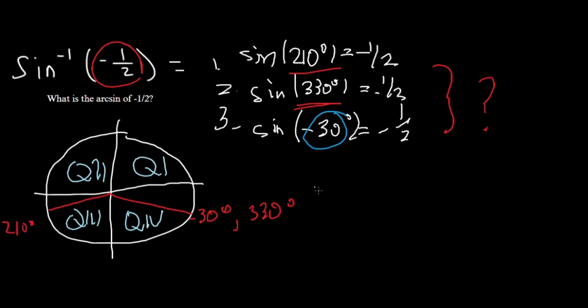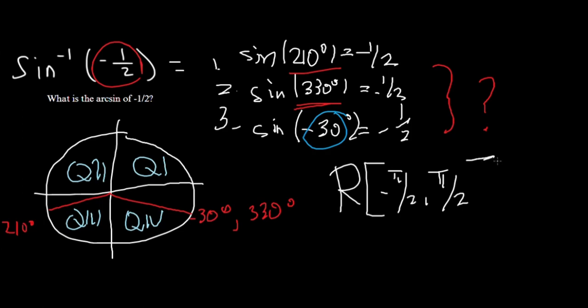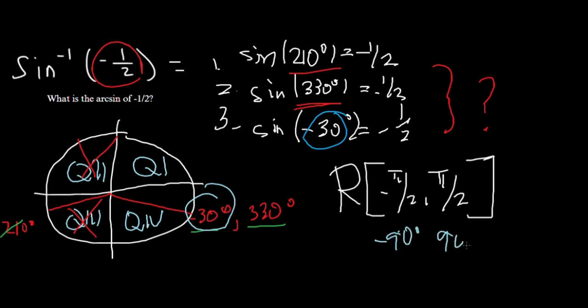Pero bakit yung 330 degrees ay hindi sagot? Because of the range. Negative pi over 2 and pi over 2. Negative 30 degrees exists in quadrant 4. X na itong dalawa. And between these two, ang negative 30 degrees rather ay between negative 90 and 90 degrees, which is quadrant 1, quadrant 4.